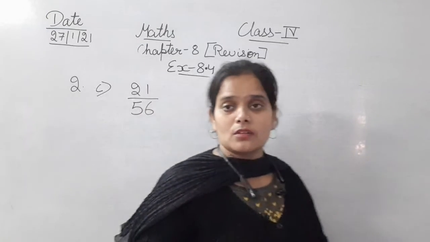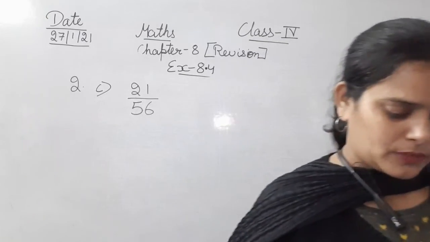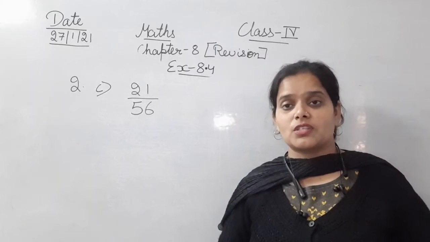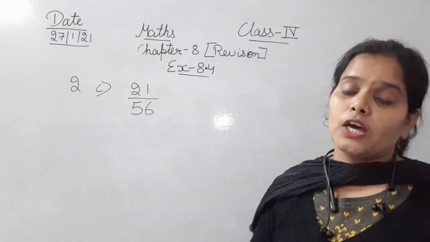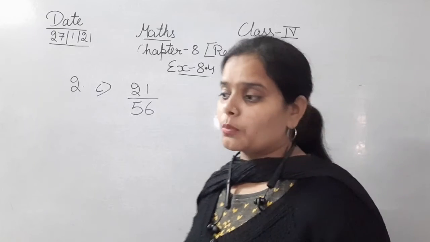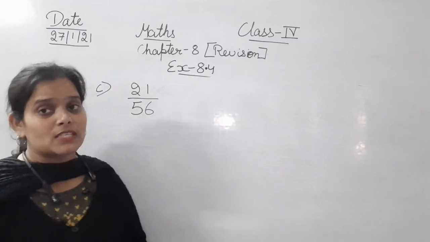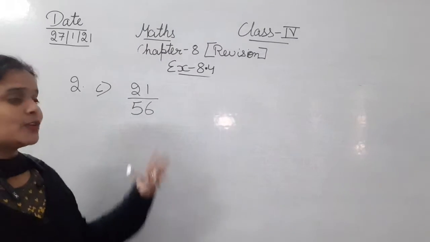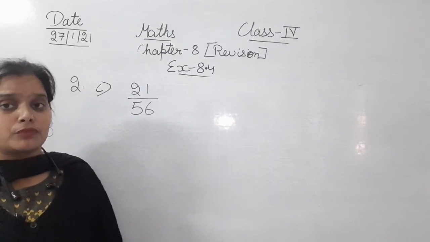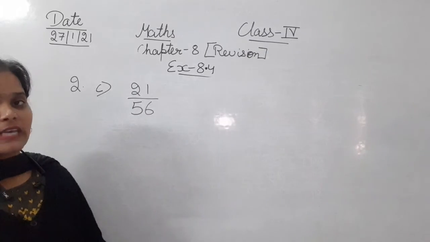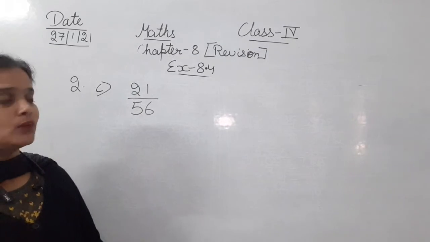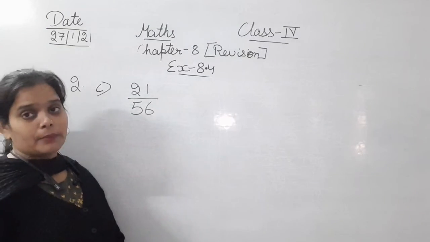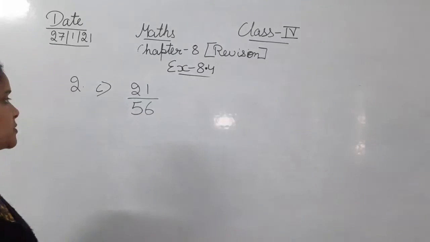For this also you have to write only one fraction equivalent to 21 upon 56. तो देखिए, अभी तक मैंने आपको जो पिछले दो पार्ट्स करवाए हैं उसमें we have just done the simple multiplication with 2 as the multiplier. इसमें चाहे तो आप कुछ अलग नंबर ले लीजिए, you can take 3, 4, 5 any number, so I am going to multiply it with 5, okay. तो ताकि आपको पता लगे that you can multiply it with any number, not with 2 only, okay.